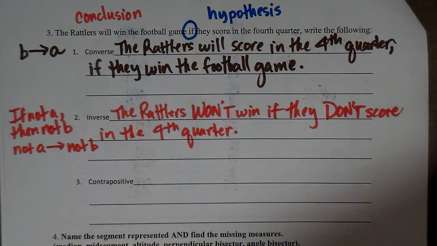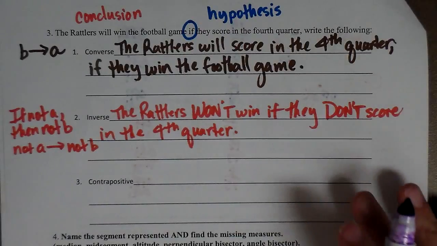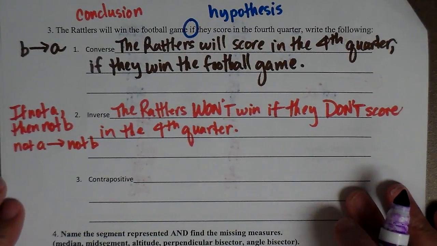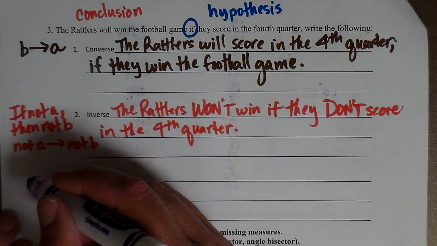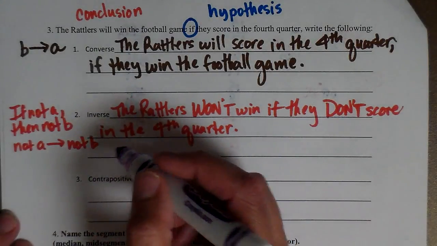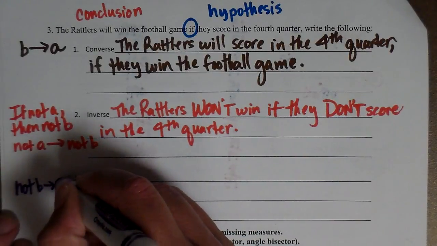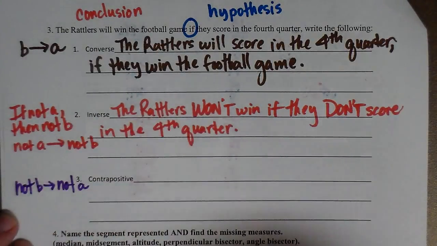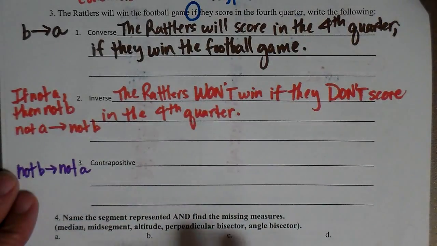Okay? So here's the last one, the contrapositive. The contrapositive is either the converse of the inverse or the inverse of the converse, whichever one you want to call it. So the contrapositive is going to be if not B, then not A. Okay? If not B, then not A. So I'm going to take the inverse and I'm going to converse it.